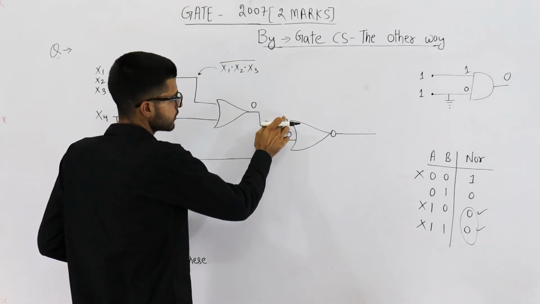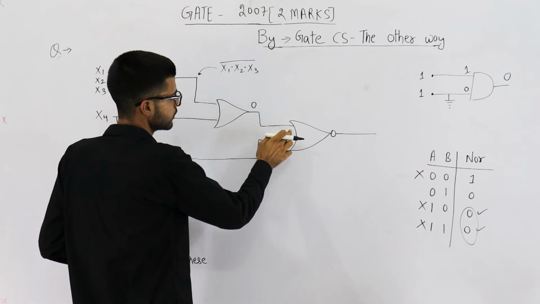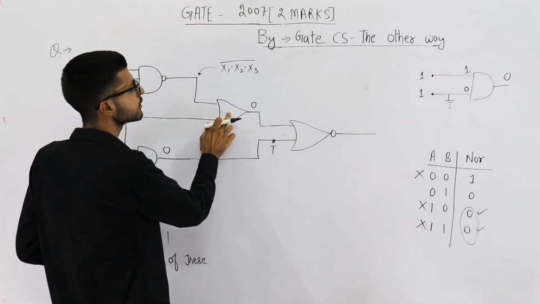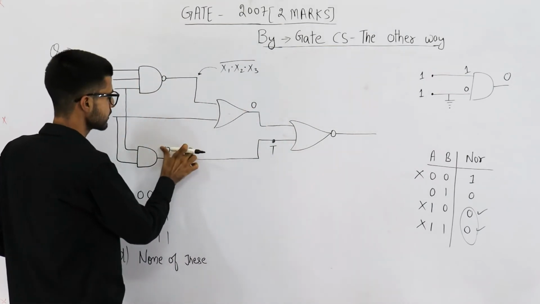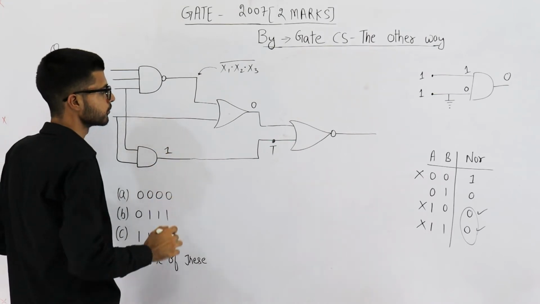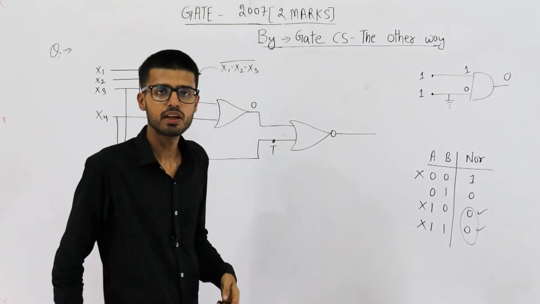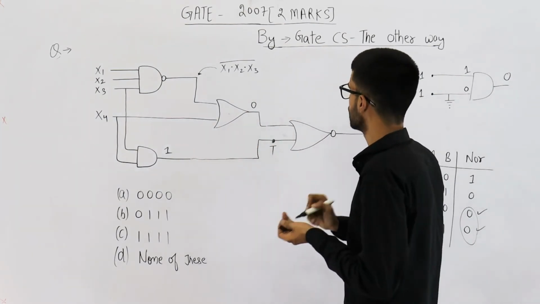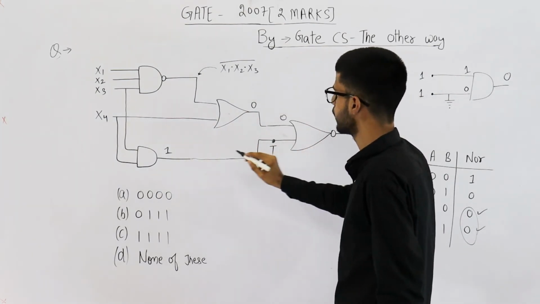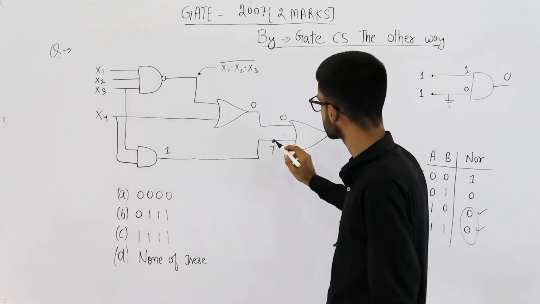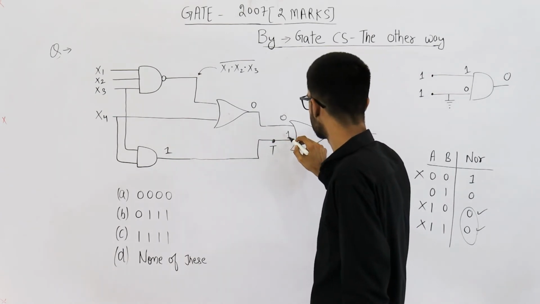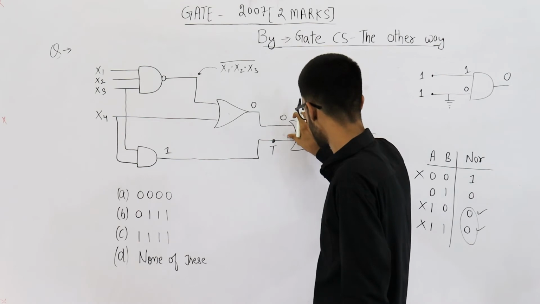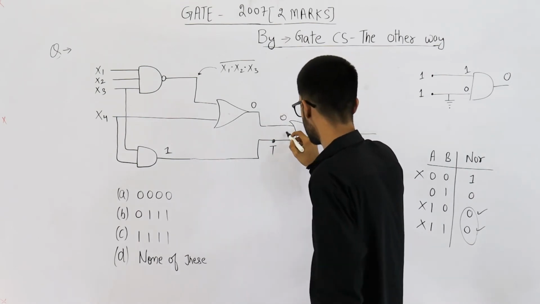What I am trying to do is, I somehow want to make this gate's output 0 and this gate's output 1. Let us see, will we be able to detect this fault? This is 0, this is 1. 0 will reach here, but 1 will not reach here because this point is grounded. We'll get a 0 at this place.